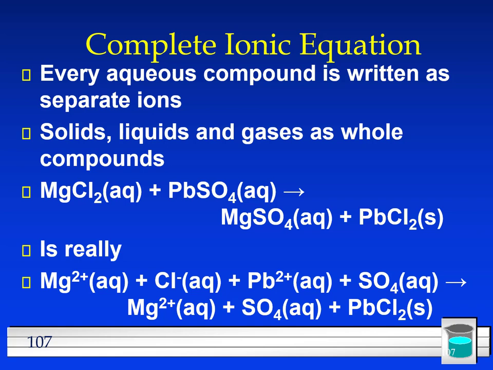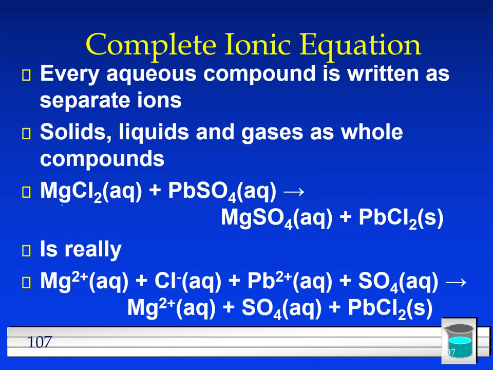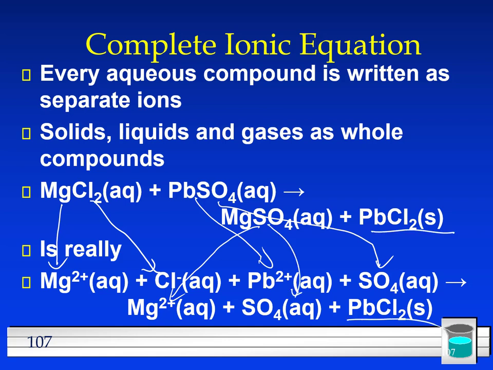Aqueous do. So all I did was take this and make it into its 2 ions. Magnesium and chloride. Lead and sulfate. Magnesium and sulfate, but the lead 2 chloride was solid, so it stayed together. I didn't type it.